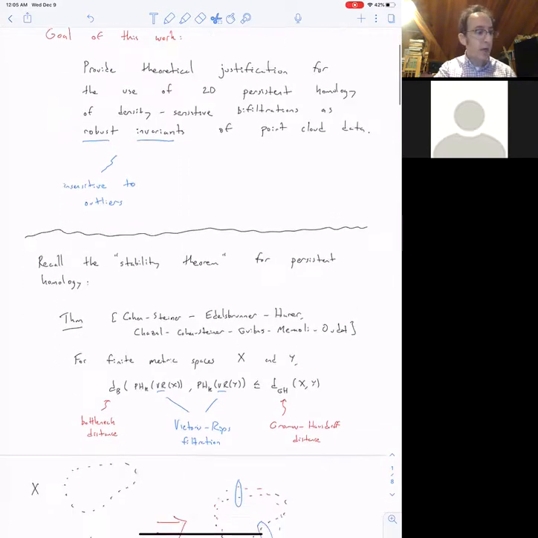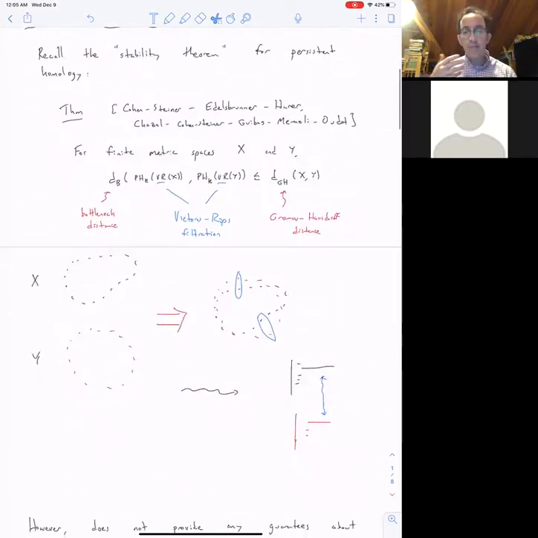But to give some context for this, I want to review the stability theorem for one-dimensional persistent homology, which is arguably one of the cornerstones of the subject that justifies its use in analyzing data. This theorem is originally due to Cohen, Steiner, Edelsbrunner, and Harer. In the form I'm going to state it, maybe it's due to Chazal, Cohen-Steiner, Guibas, Mémoli, and Oudot.